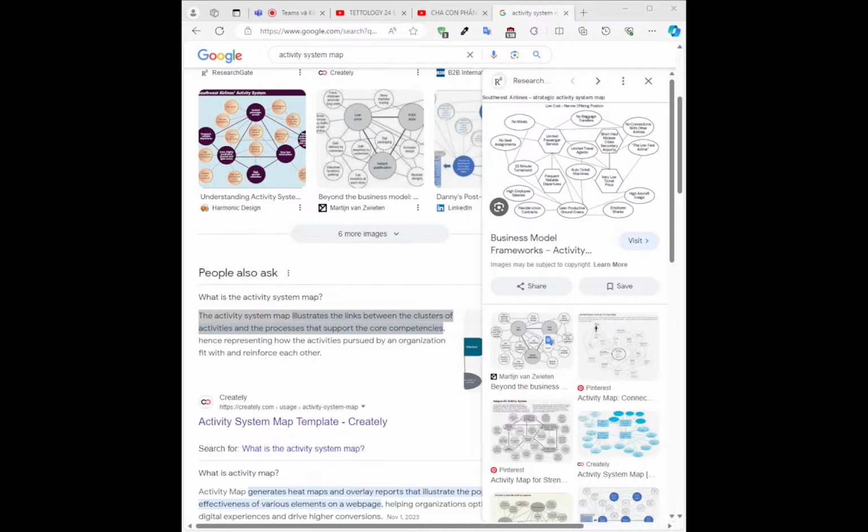Okay, so first we're going to talk about the order winners and order qualifiers, in terms of describing marketing-oriented dimensions that are key to competitive success.